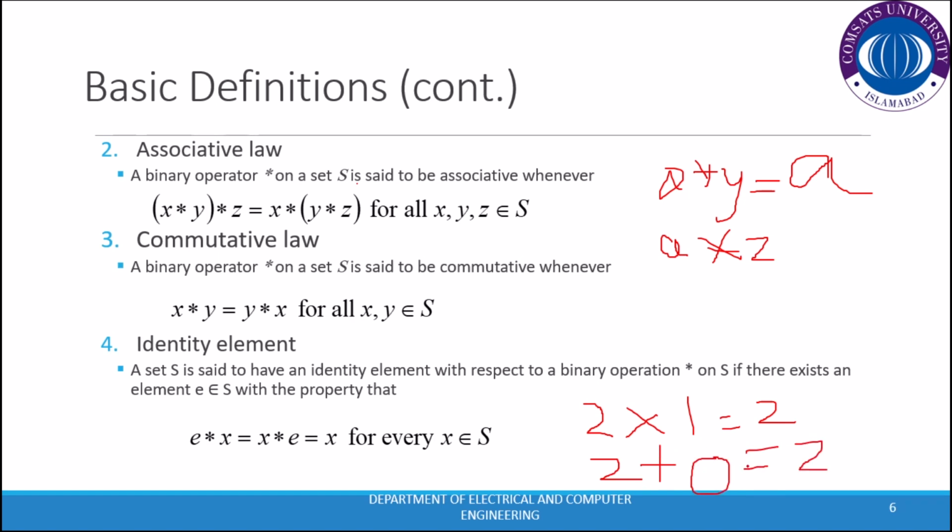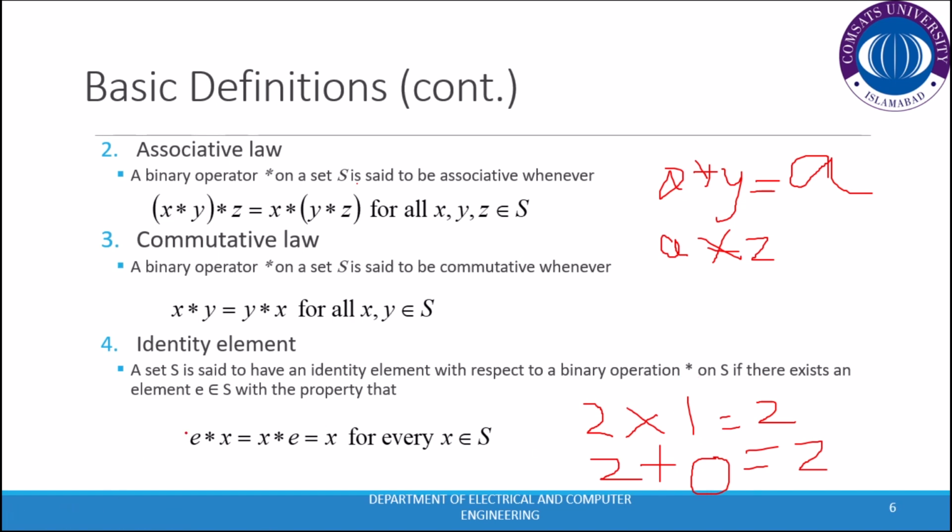So 0 is an identity element with respect to the binary operation in digital numbers. So 0 is the identity element with respect to the operator plus. How? Whenever we add any element to 0, it gives back the same element.